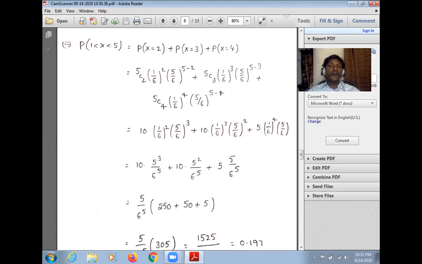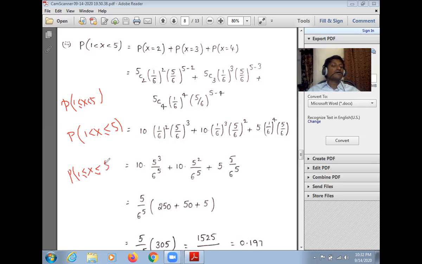Suppose, if they mention it like this, P of 1 less than or equal to x less than 5. Next, see different notations: P of 1 less than x less than or equal to 5. Next, P of 1 less than or equal to x less than or equal to 5.